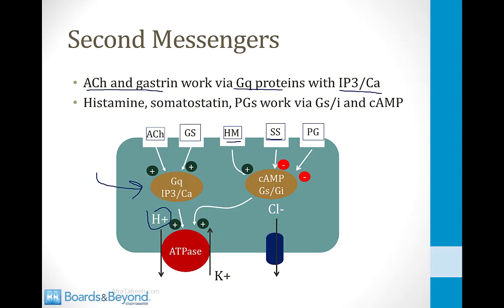Histamine, somatostatin, and prostaglandin all work on a cyclic AMP GS/GI second messenger system. Histamine increases the amount of cyclic AMP, which then activates this pump here, and somatostatin and prostaglandin inhibit and lower the levels of cyclic AMP, and that decreases the activity of the proton ATPase.